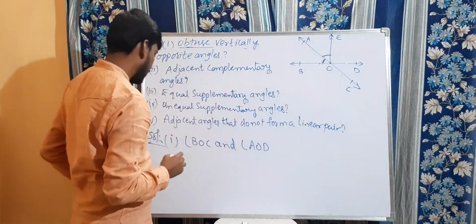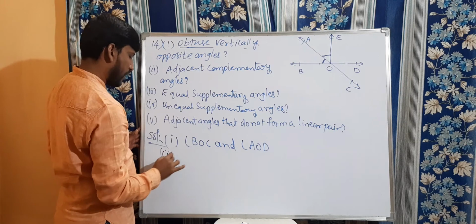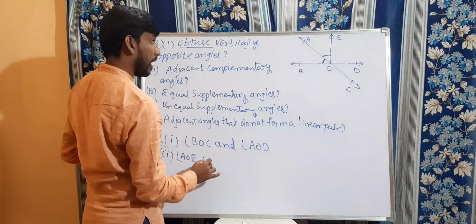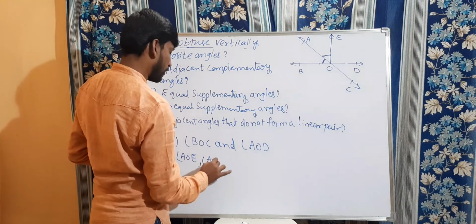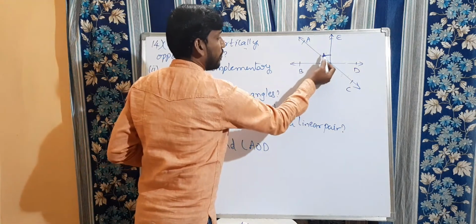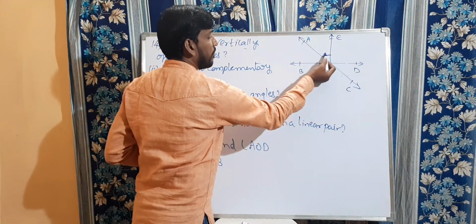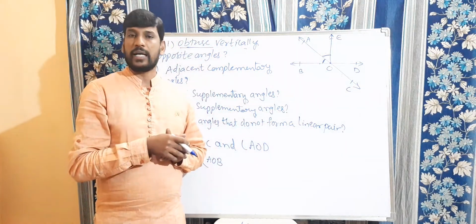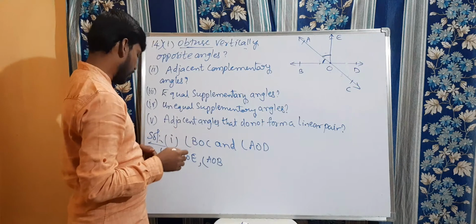So the second answer is angle AOE and angle AOB. Both are adjacent angles, and the sum of these two will become 90 degrees. Both are complementary angles.